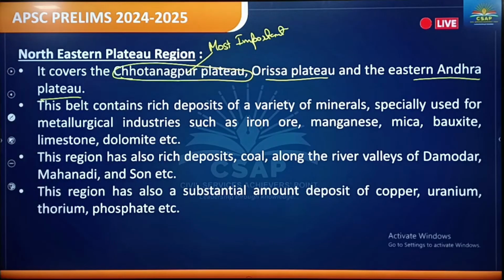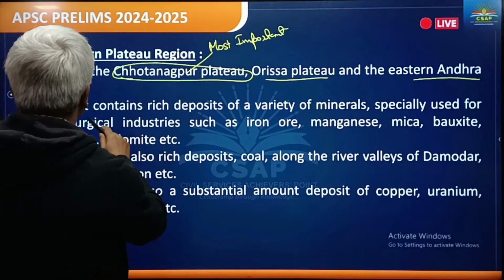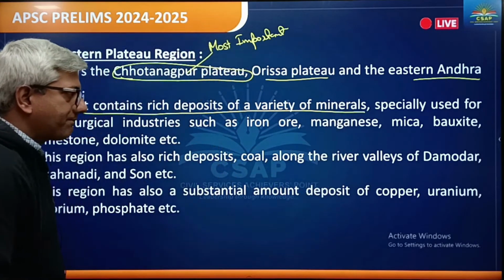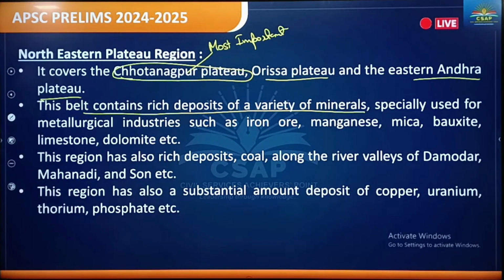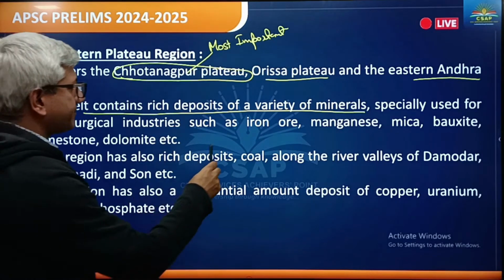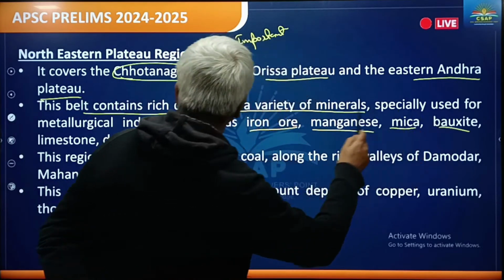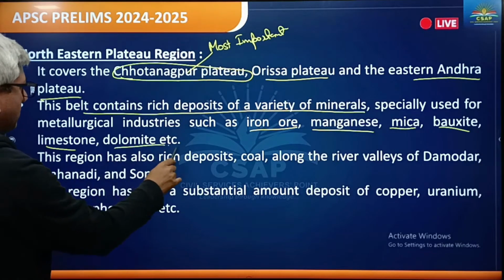So this belt contains rich deposits of a variety of minerals, specially used for metallurgical industries such as iron ore, manganese, mica, bauxite, limestone, dolomite, etc.